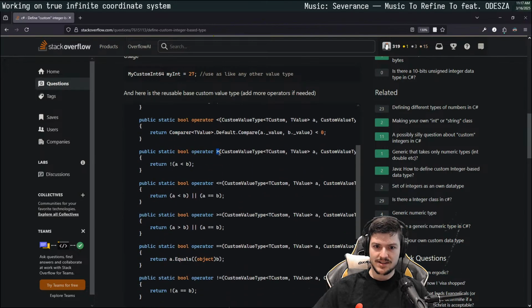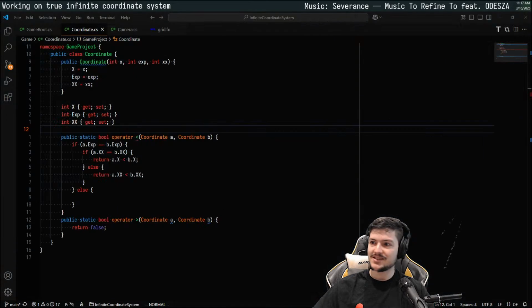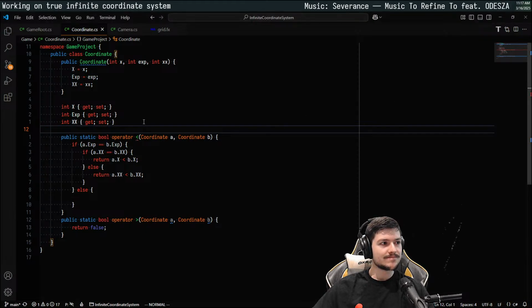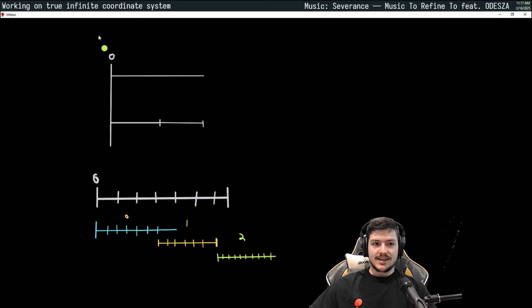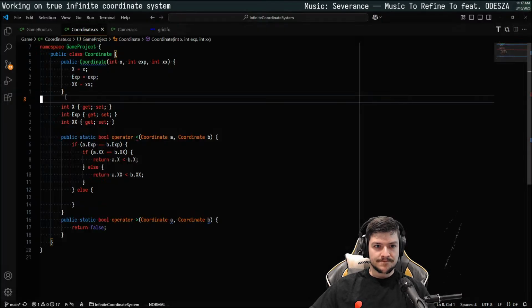B, if it's bigger, I think this is just wrong. I guess the way to do it would be to write some values.